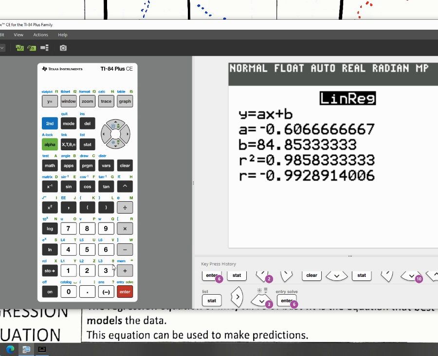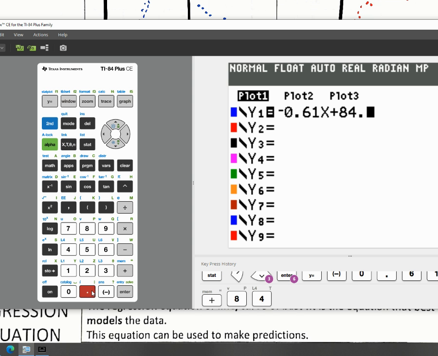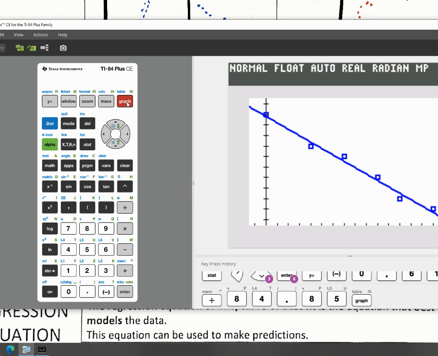Yeah, before we answer this question, let me go back to this. Go back to y equals, or let me do it, and y'all just look at it. Didn't we say our equation was -0.61x plus 84.85? Isn't that what we said our equation was? Now, if we graph this line with that stat, look at this.